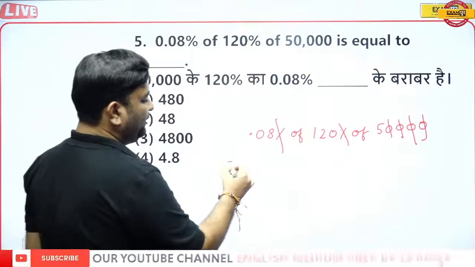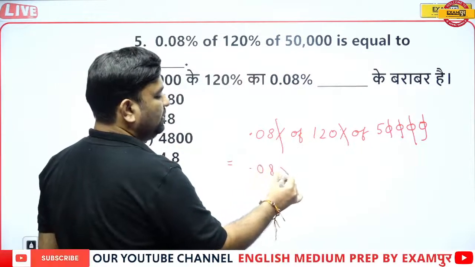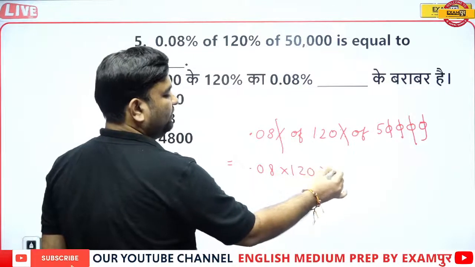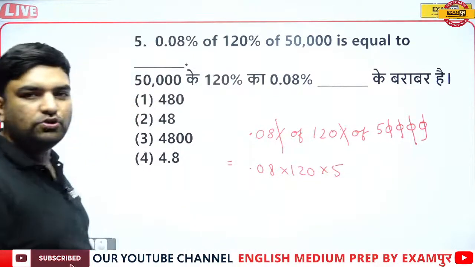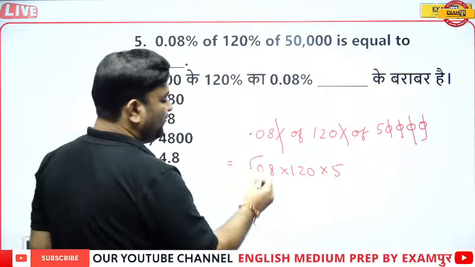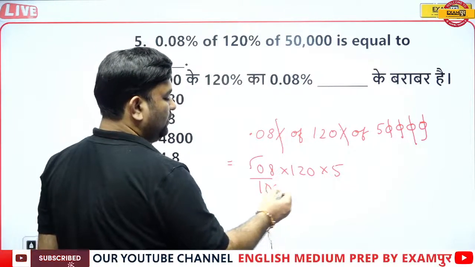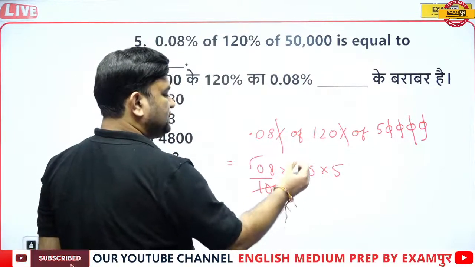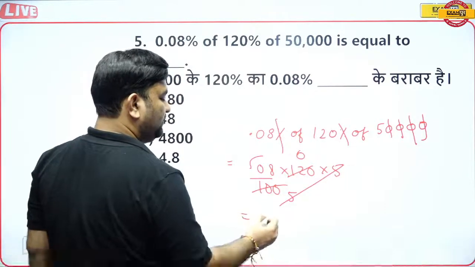It's a direct multiplication of 0.08 into 120 into 5 into 5. If you want to simplify it, make it 100. 5 times, 6 times, 5 times, 48.